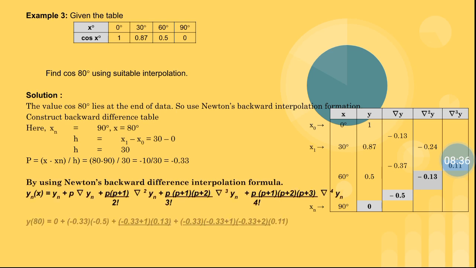Apply Newton's backward interpolation formula and then substitute the values. Be careful while doing the simplification and calculations, because whenever a minus value comes you have to be very careful here. And finally the cos 80 value we get is 0.173.